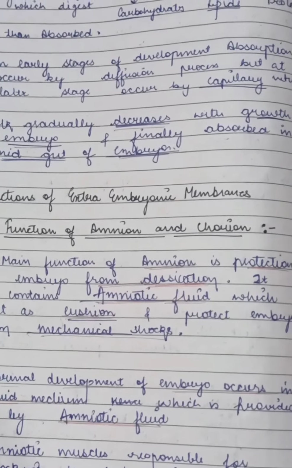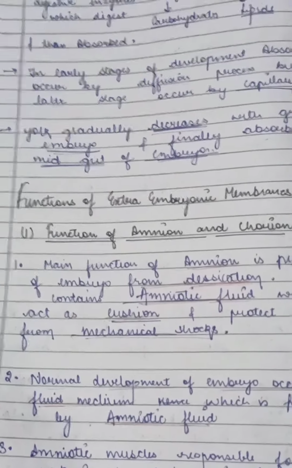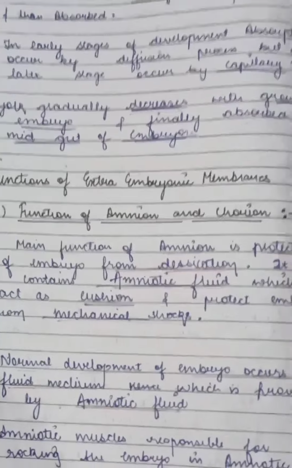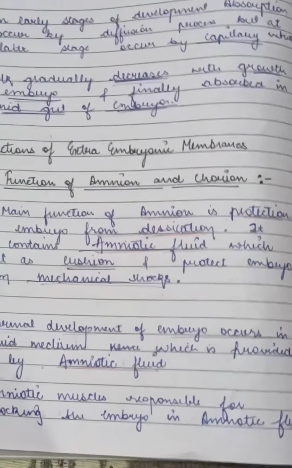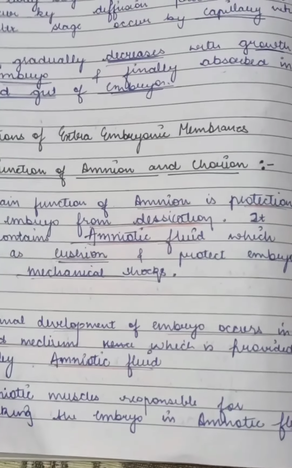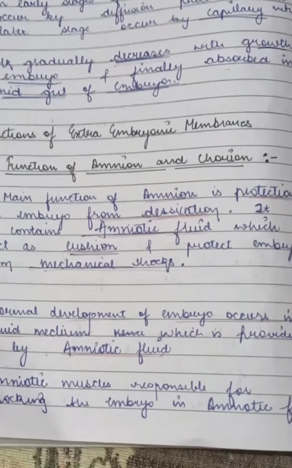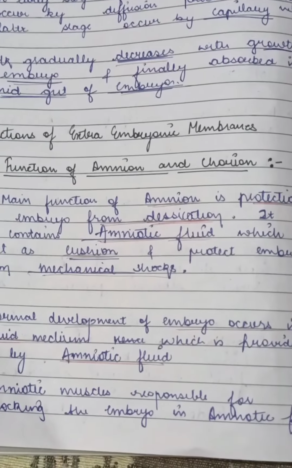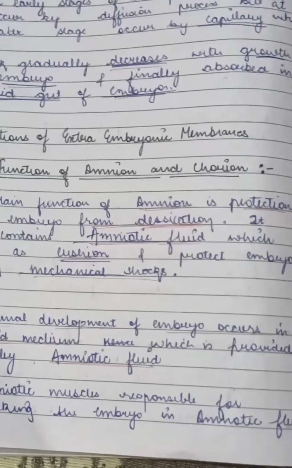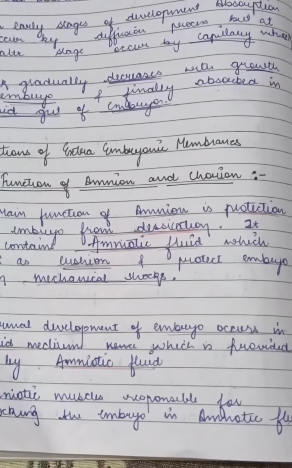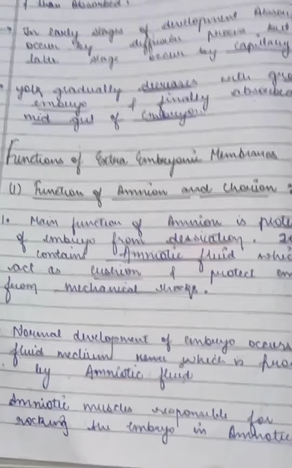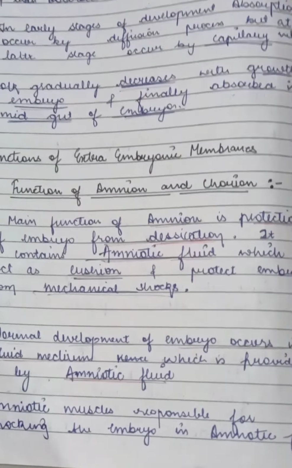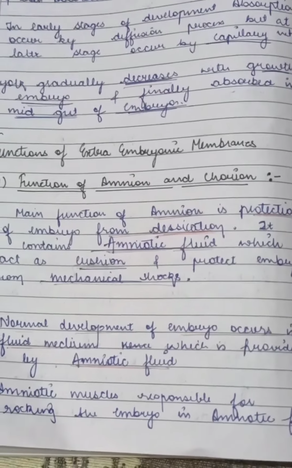What is the function of the extraembryonic membranes? Function of amnion and chorion: the main function of the amnion is to protect the embryo from desiccation. It contains amniotic fluid, which acts as a cushion to protect the embryo from mechanical shocks. For normal development of the embryo, there is a necessity for a liquid medium, which is provided by the amniotic fluid, and amniotic muscles are responsible for the rocking of the embryo in the amniotic fluid.